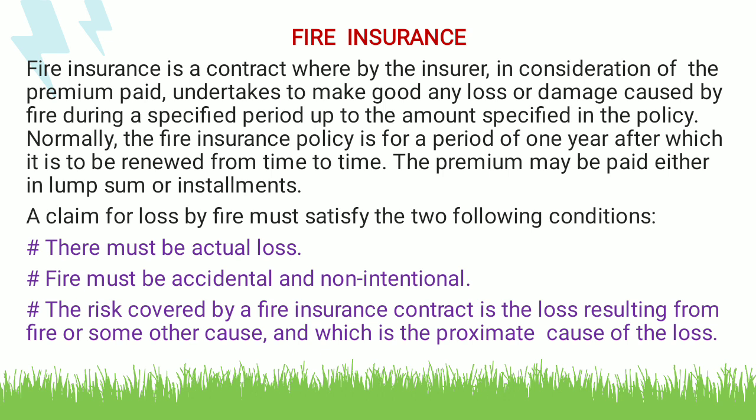The risk covered by a fire insurance contract is the loss resulting from fire or some other causes, of which fire is the proximate cause of the loss. Under fire insurance, the company bears the amount of loss only. They do not bear any kind of profit.